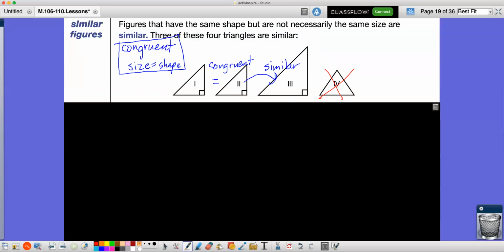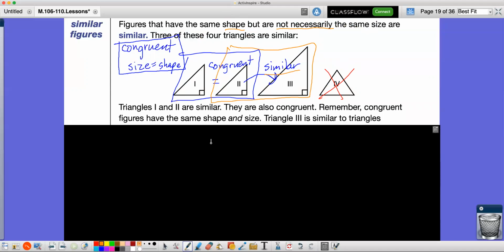So these two right here are congruent. And these two right here, or the other, or even those two, those are similar. So similar is a little bit different. It just means they have the same shape, but not necessarily the same size. So that's the difference between congruency and similarity.